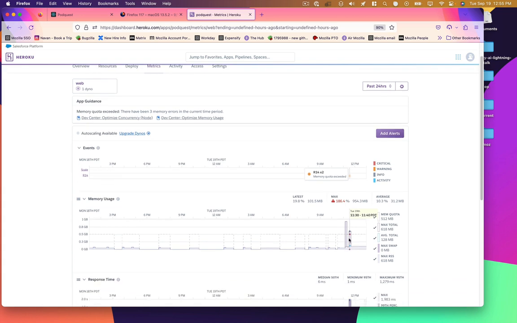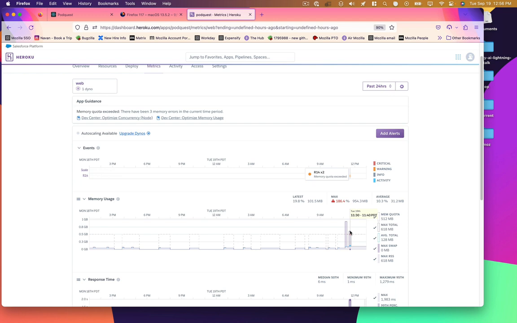We have memory usage, which during this time was actually above our quota. We have a quota on this dyno of 512 megabytes, and we used at max 954. So it was spiking probably when we were doing some of that file processing.